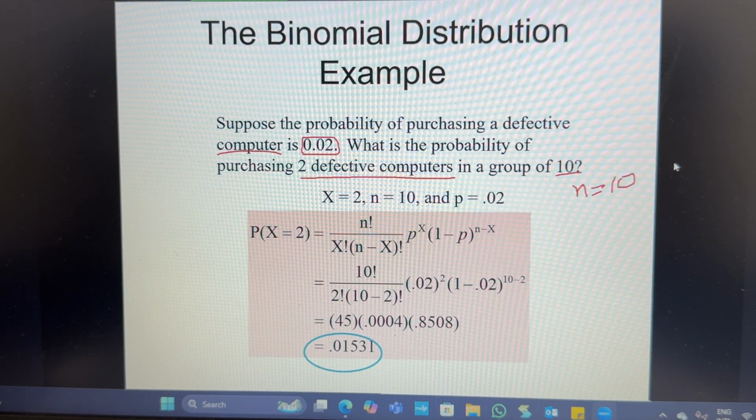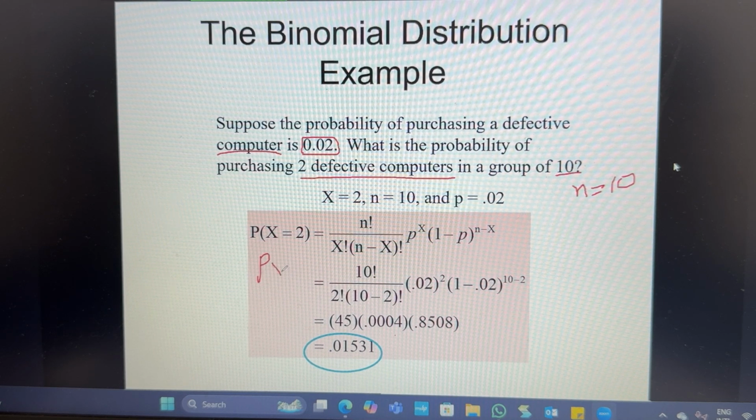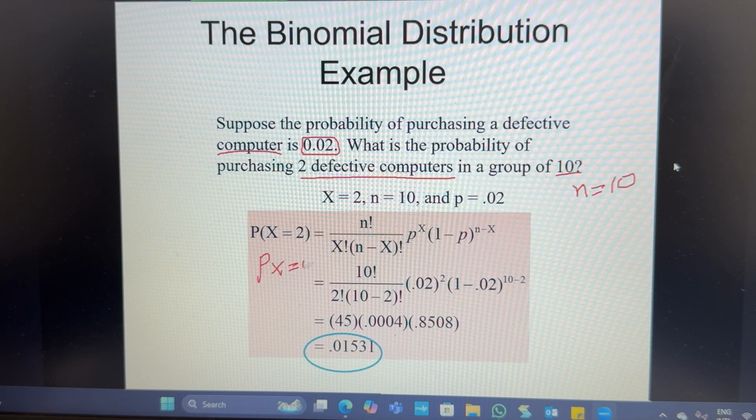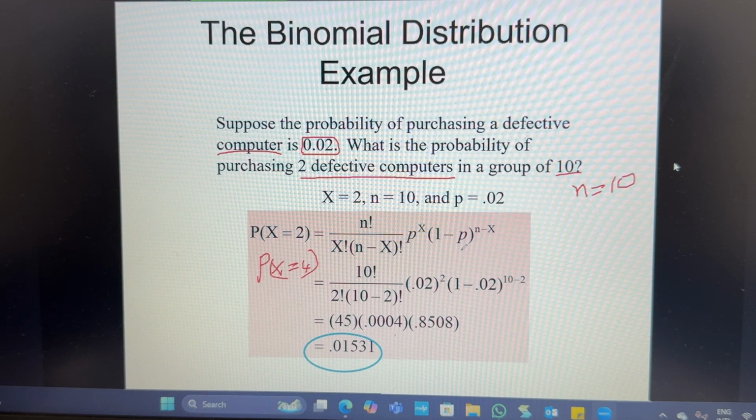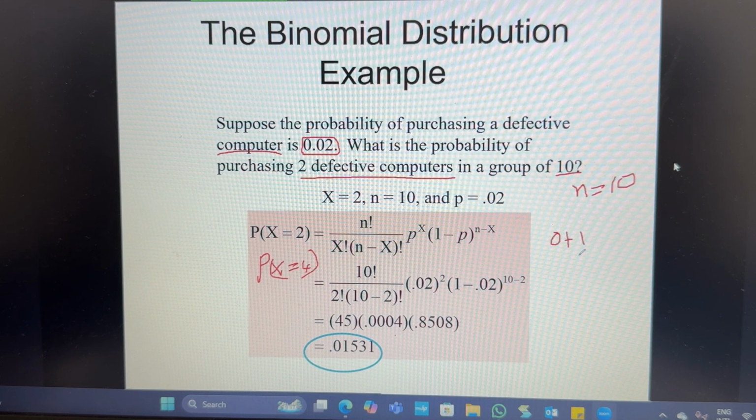For 2 defective computers, x equals 2. For 4 defective computers, x equals 4. For defective computers less than 2, it means maybe 0 or 1, right?